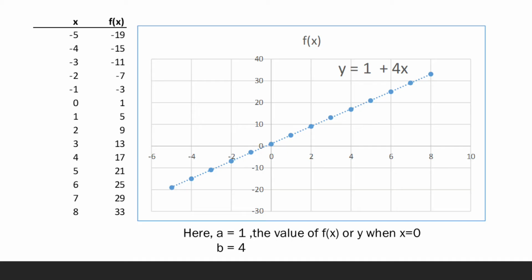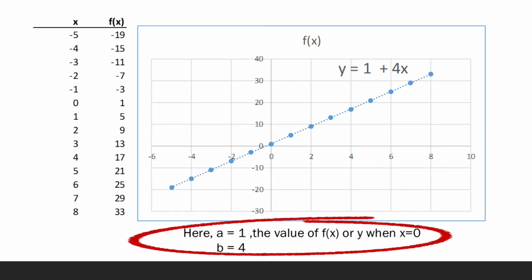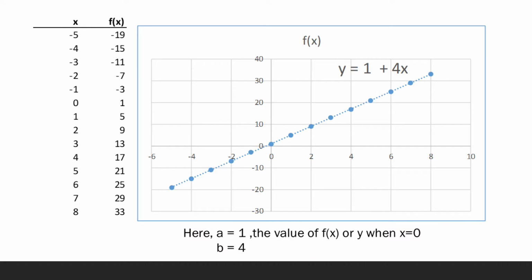For example, given the following data for x and f(x), we can create a scatter plot in Excel and ask Excel to draw a trend line and the equation of the trend line. Here, a equals 1, the value of y when x equals 0. And beta is equal to 4 since it is the coefficient of x given the standard form of the function.